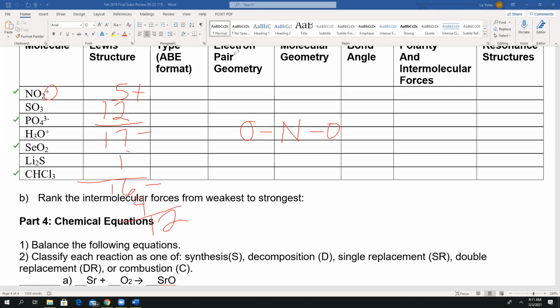So since you have 12, but you really need 16, then you've got to do 2 double bonds, right? One here. Oops, I changed that too soon. One here and one here.